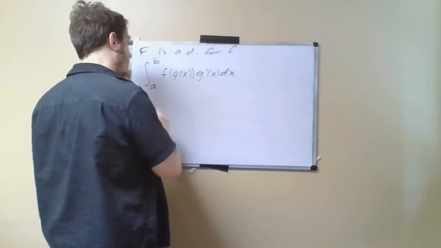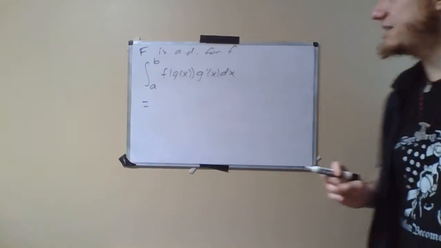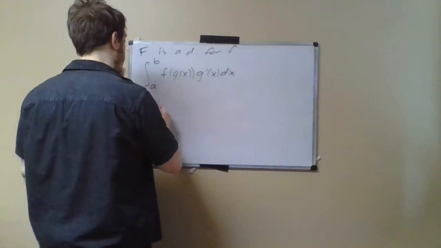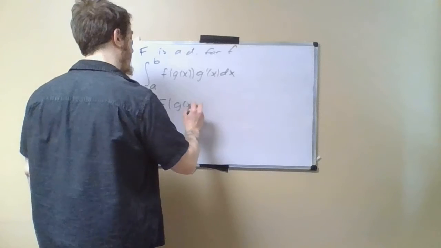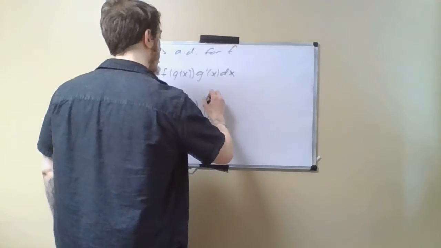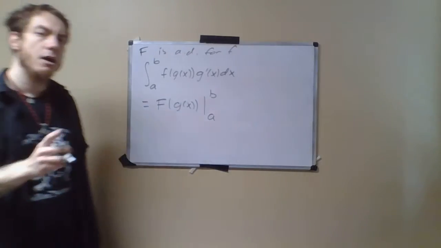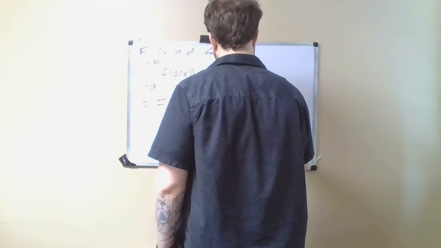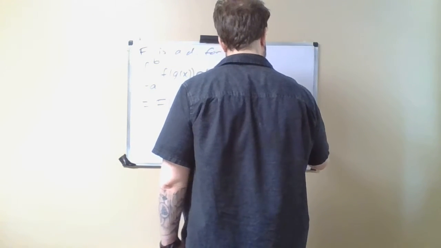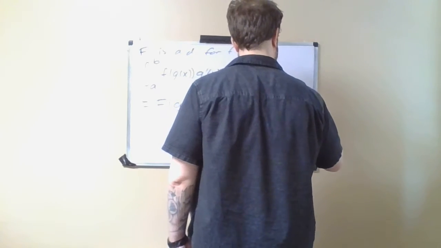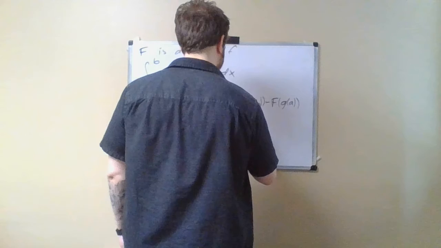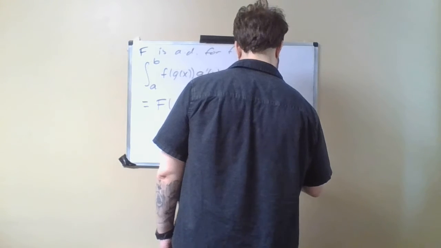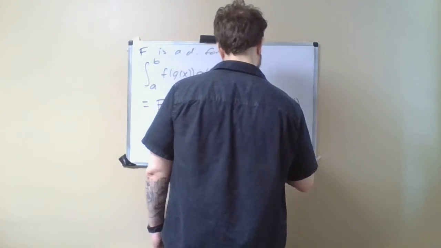Well, what we know about this from the fundamental theorem of calculus is I just need to take an antiderivative and evaluate it between a and b. So that's going to be capital F composed with g of x evaluated from a up to b. But notice something here. This is actually capital F evaluated at g of b minus capital F evaluated at g of a, which is actually capital F of u evaluated from g of a up to g of b.